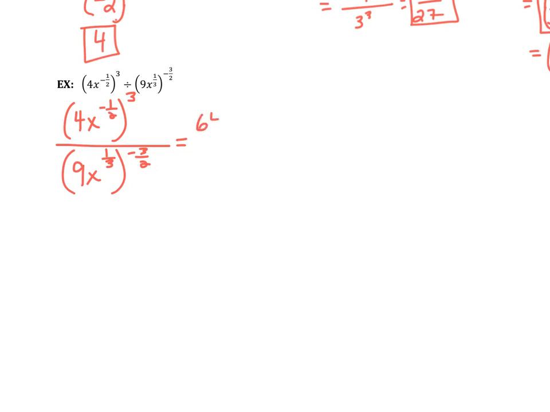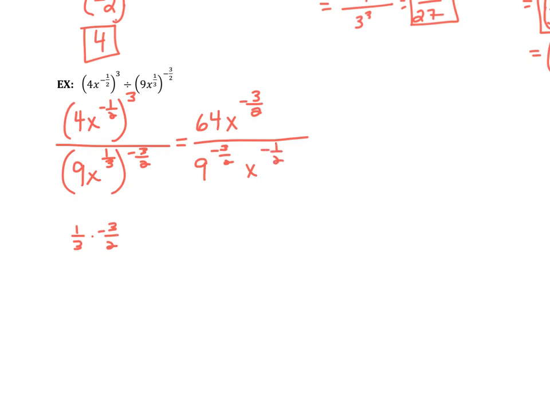All right, so if we start with simplifying the numerator, 4 cubed is going to be 64, and then that'll be x to the negative 3/2, because in that case I'm going to multiply those exponents, all divided by 9 to the negative 3/2. I'll just leave it written like that for right now, times x to the, now keep in mind we're going to take 1/3 and multiply it by negative 3/2, and that's simply going to be negative 1/2.